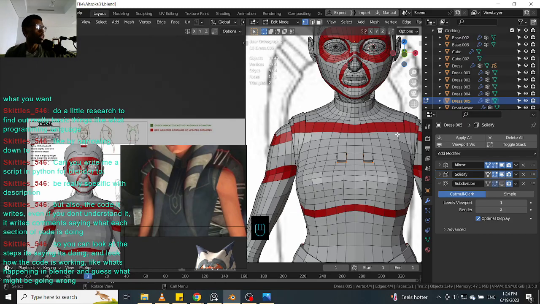So you can look at the steps it says it's doing, and look how the code is working, like what's happening in Blender, and guess what might be going wrong.